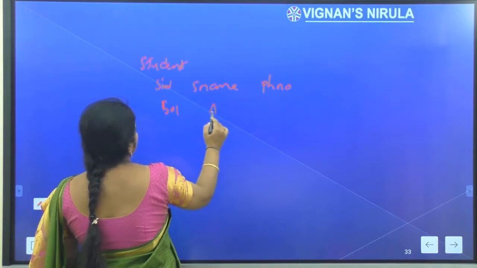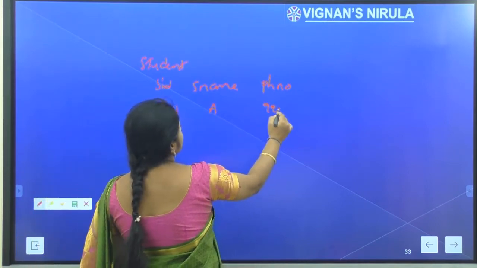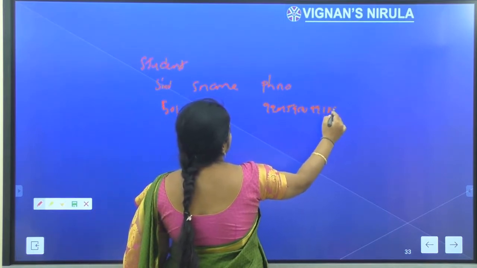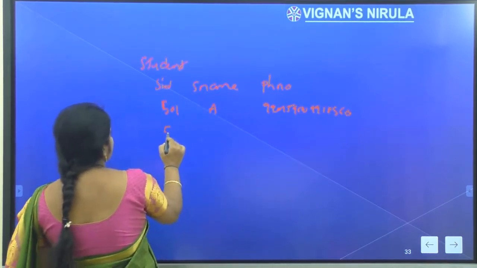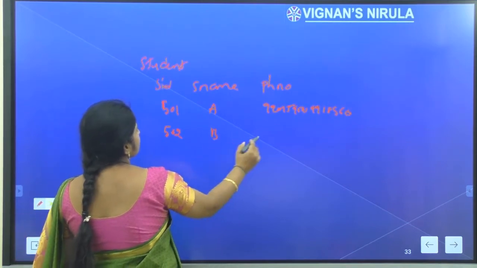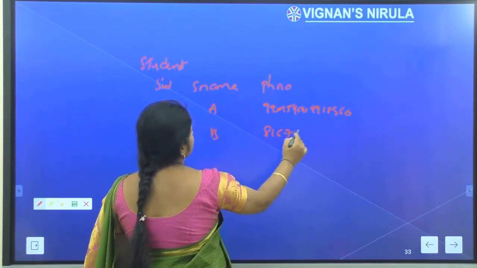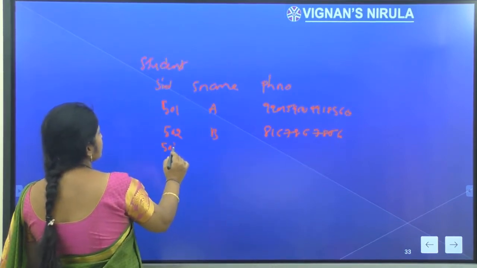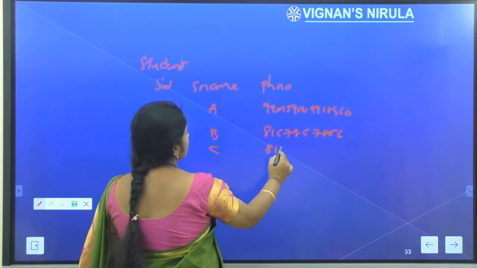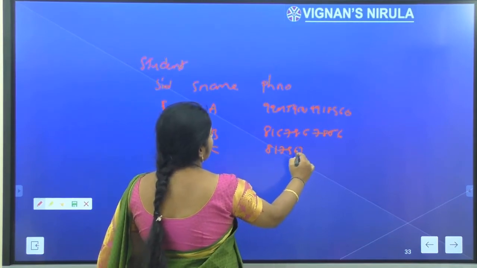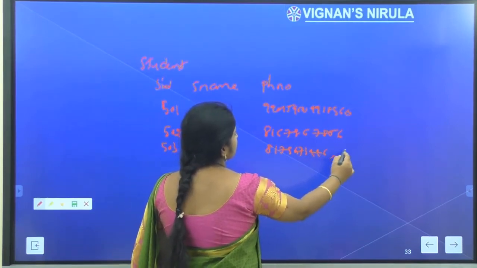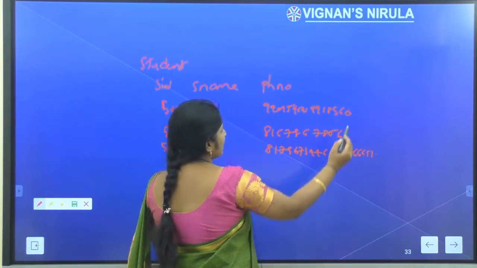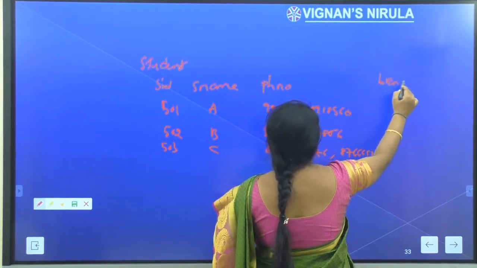The first student has two phone numbers, only one phone number for the second student, and for the last student I have three phone numbers. I also have the branch information there.